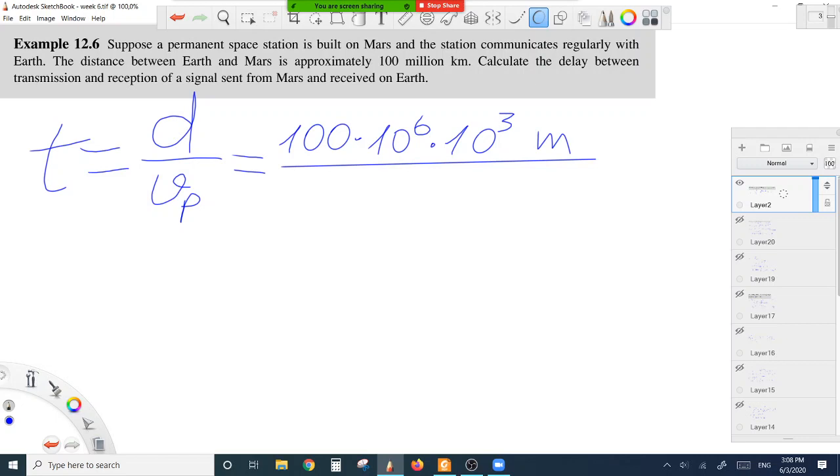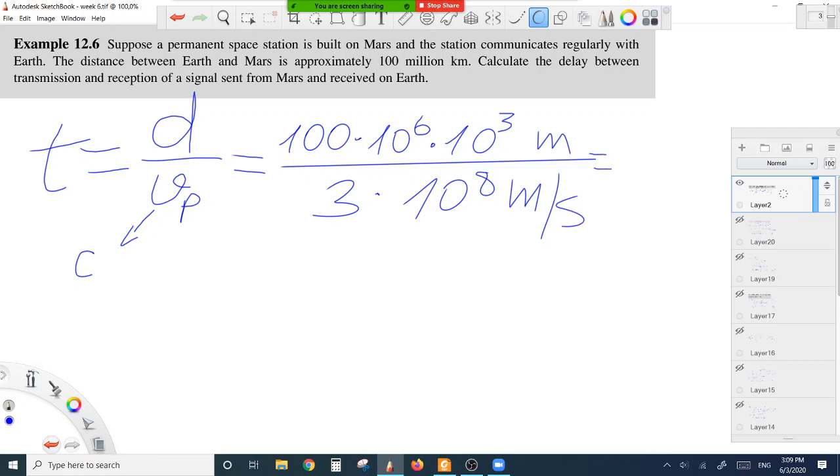And what is the velocity? In our case, the medium between Mars and Earth is free space. That's why the velocity in our case will be just c, the speed of light, which is 3 × 10^8 meters per second.